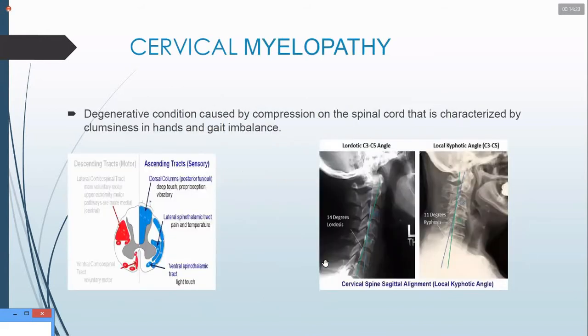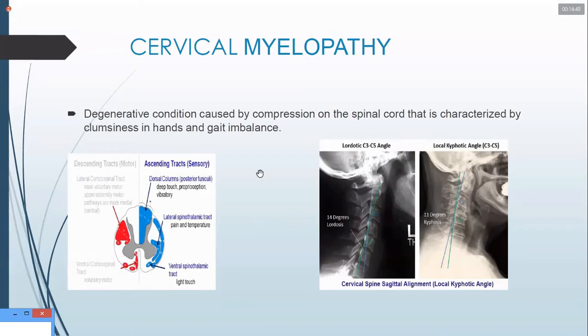So what is cervical myelopathy? All this cervical spondylosis and cervical canal stenosis might ultimately progress into cervical myelopathy. When there is significant compression of the spinal cord, this results in myelopathy, characterized by clumsiness in the hands and gait imbalance.